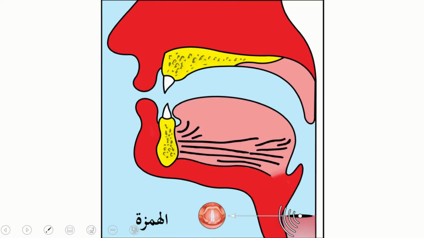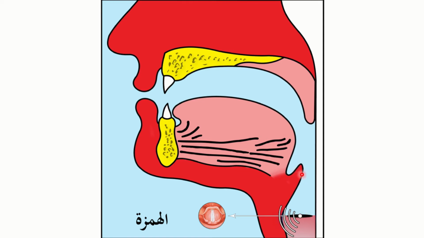So this is the diagram of the halq. When we talk about aqsa al-halq, we talk about this area here where the vocal cords are. And the letters that come from there are Hamza and Ha. When we talk about the middle of the halq, or wasat al-halq, we're talking about this.